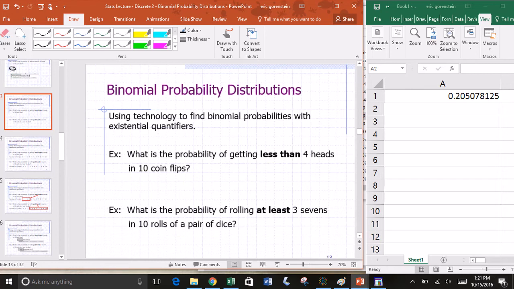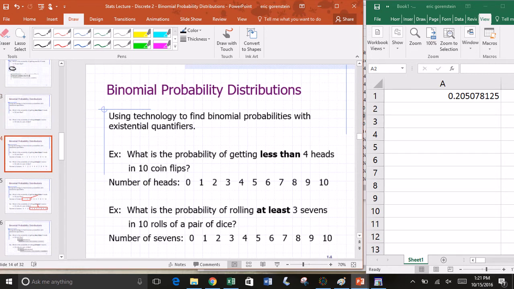So, for example, in the first one, there are 11 possible numbers of heads. If you're flipping the coin, if you flip all tails, well, that's here. If you flip all heads, well, that's here. Anything in between, x could take on any one of those values.